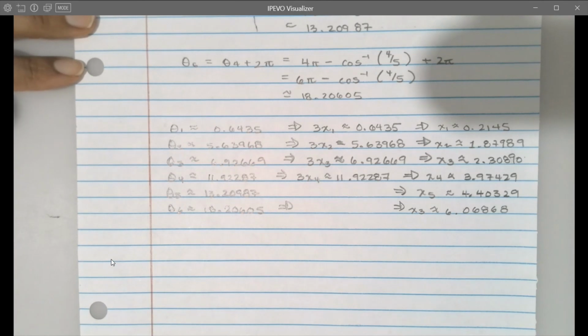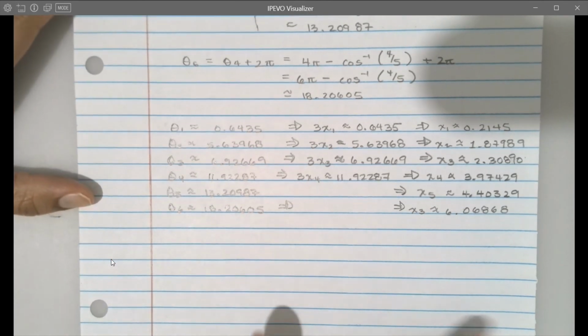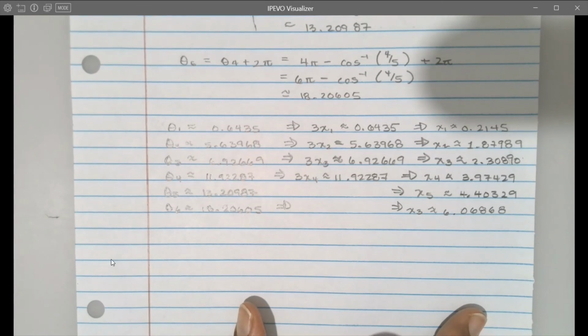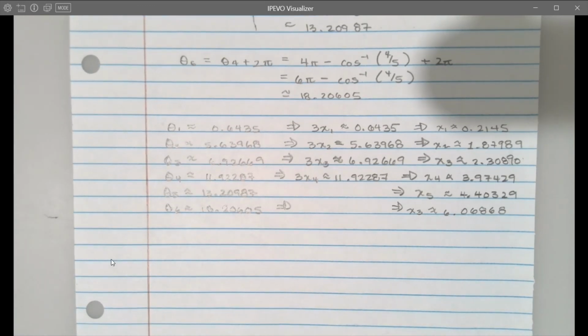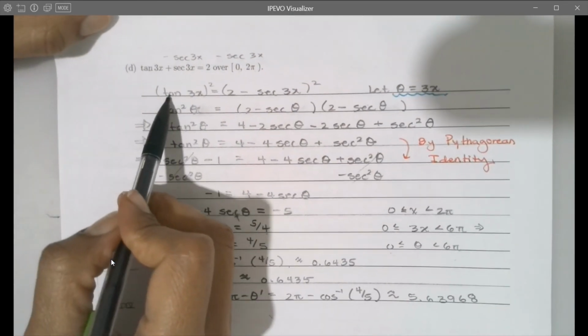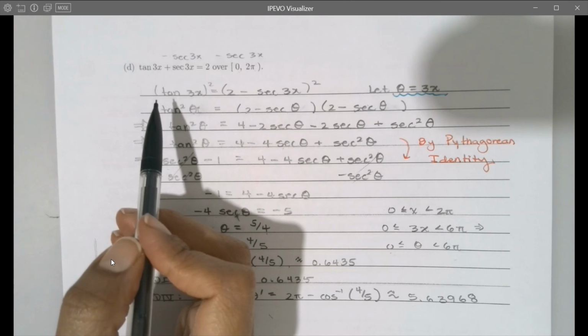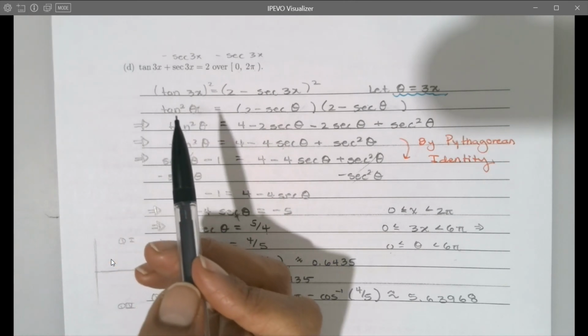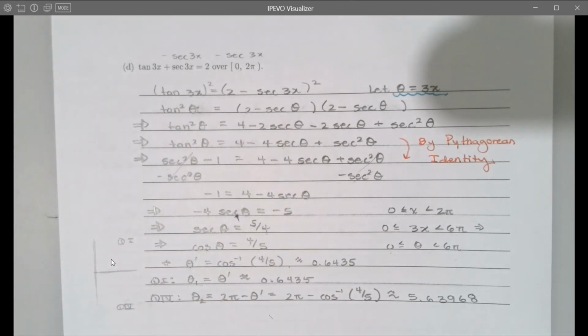Okay, now, it's been quite a long problem, but we have unfortunately some more work to do. And that is because we squared both sides of the equation in the very beginning, there is a potential that we introduced some false solutions. So we're going to have to check all of these.